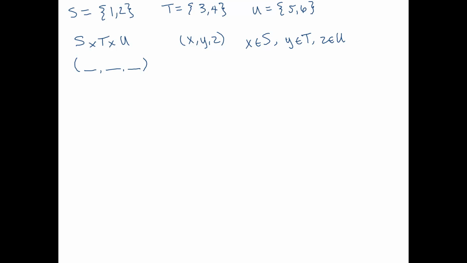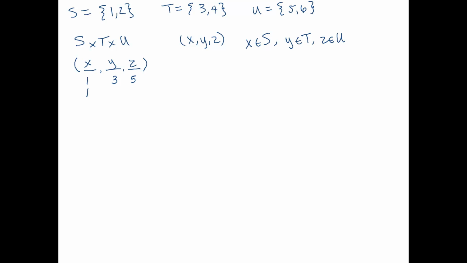The first one, let's call it X, has the property that it's an element of the set S. The second one is Y, which is an element of the set T. And our last one, Z, is an element of the set U. First, let's pick the first element of the set S, then the first element of the set T, and then the first element of the set U. This gives us our first ordered triple: 1, 3, 5.